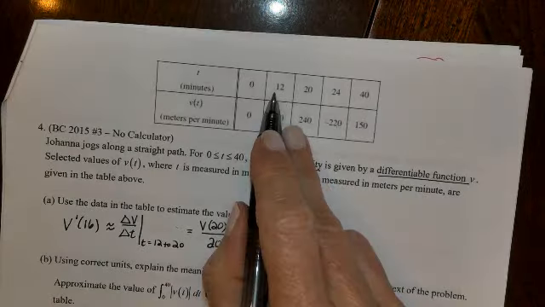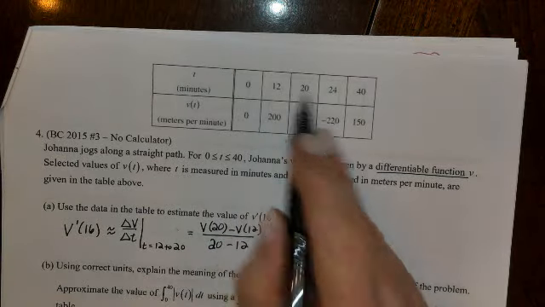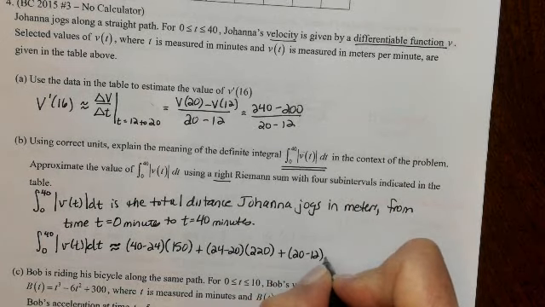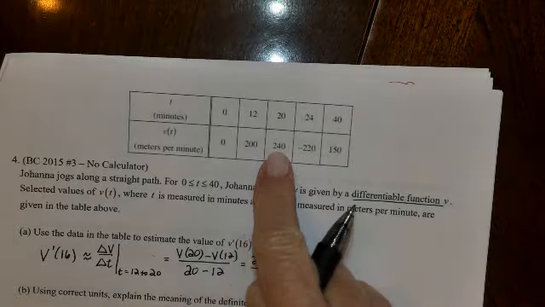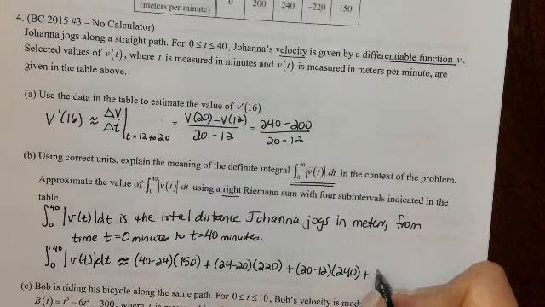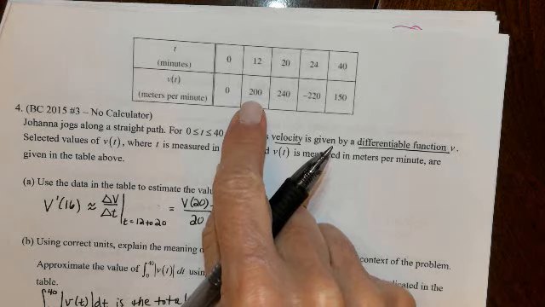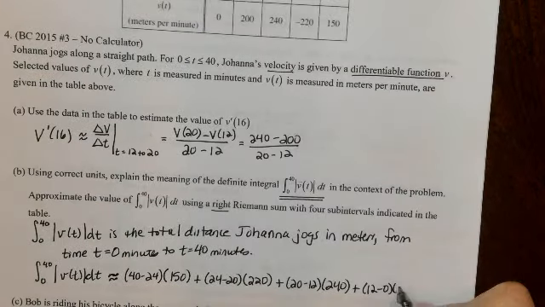The next base length will be 8, or 20 minus 12. And that height will be 240. And for our last base length, it'll be 12, or 12 minus 0, times that height of that rectangle would be 200.